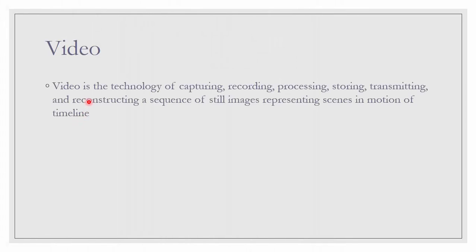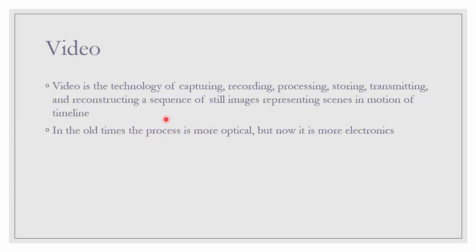Let us define video. Video is the product of the technology of capturing, recording, processing, storing, transmitting, and reconstruction of a sequence of still images representing scenes in motion of timeline.